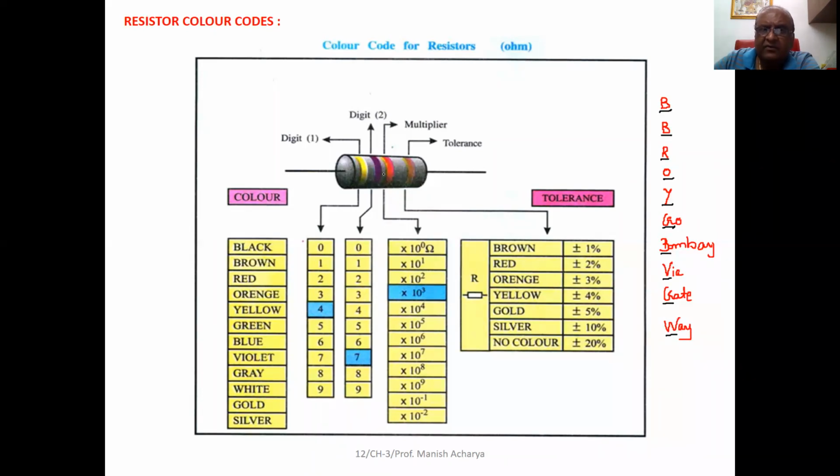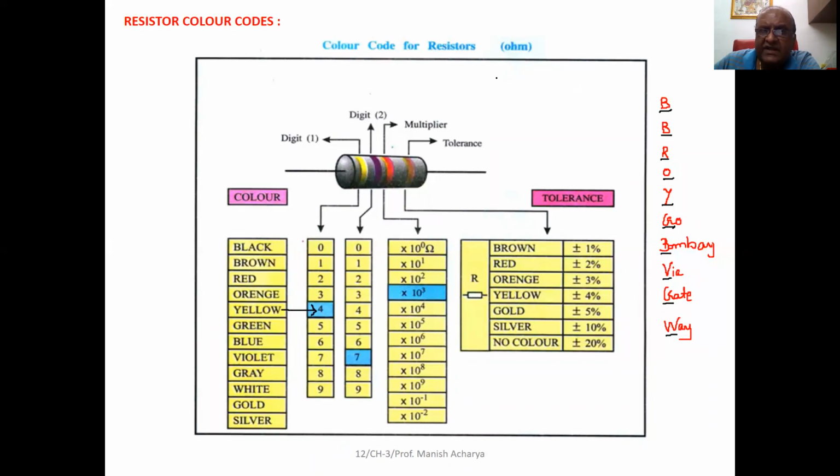The first is yellow, the second is violet, the third is orange, and the fourth is gold. How is the value decided? We discussed that the first two bands will give a figure of two digits. So with yellow, the associated digit is 4.